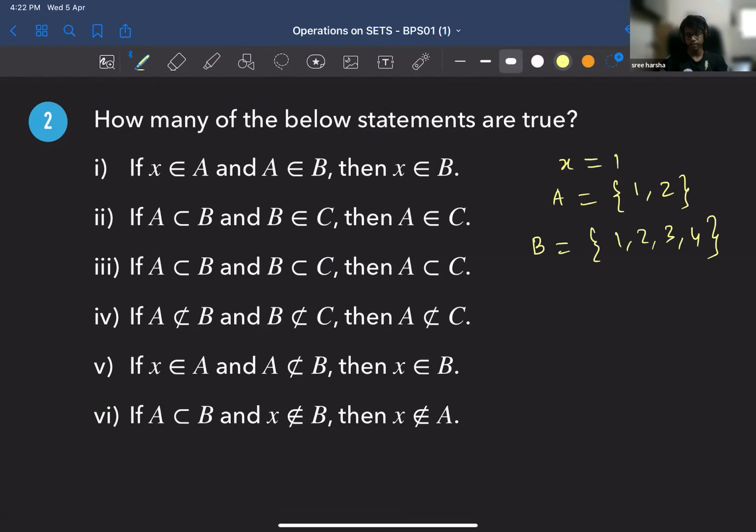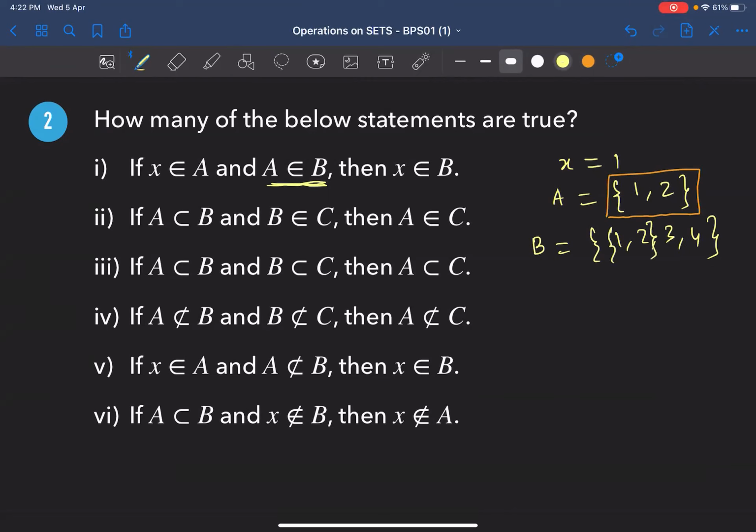So like 1, 2 is a set in here, sir, like it belongs to B. But when they say that A belongs to B, what they mean is the entire set A is an element in B. So in this case, your X is not part of B. Even though X is inside a set which is inside B, here 1 is present inside a set which is inside B, it is not in B. So you're right. This is actually a false statement.